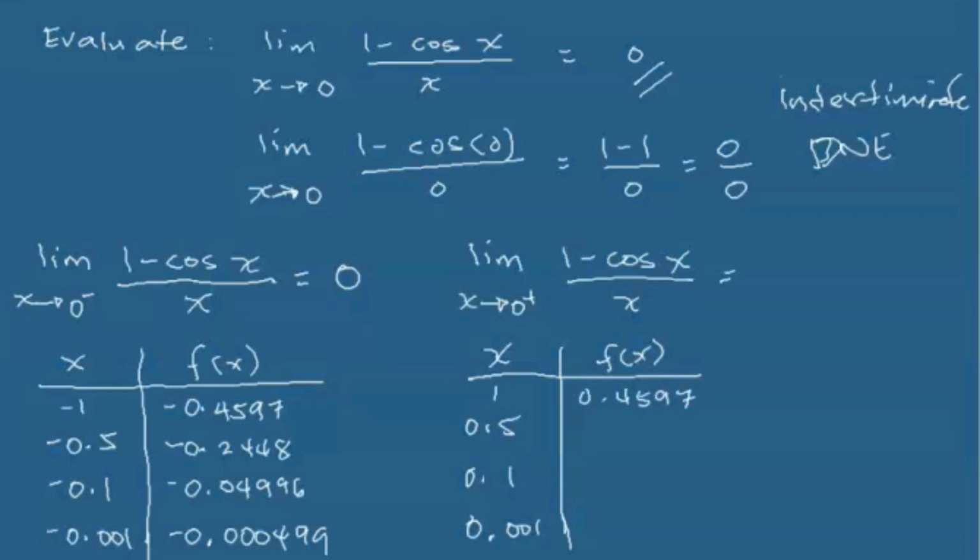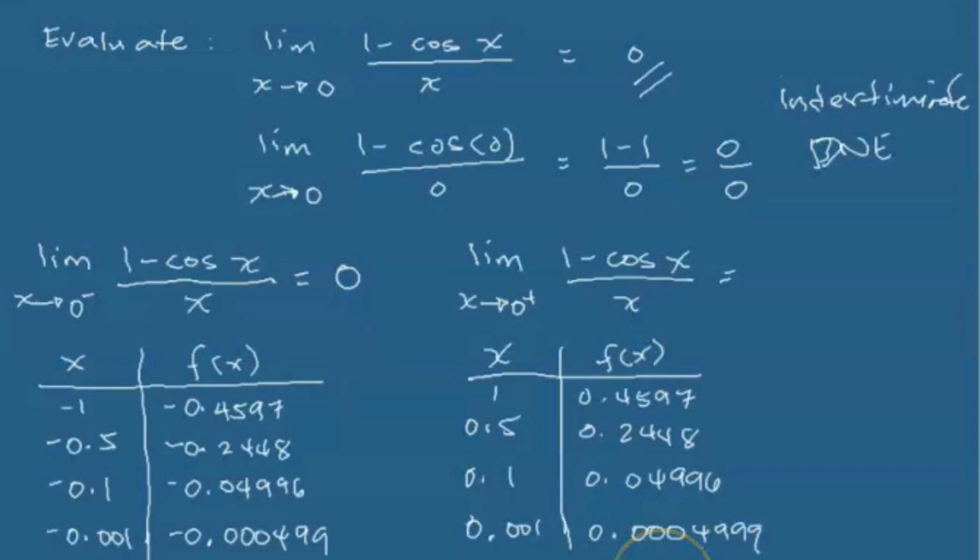For positive 0.5, we have 0.2448. For 0.1, we have 0.04996. And for 0.001, we have 0.000499.